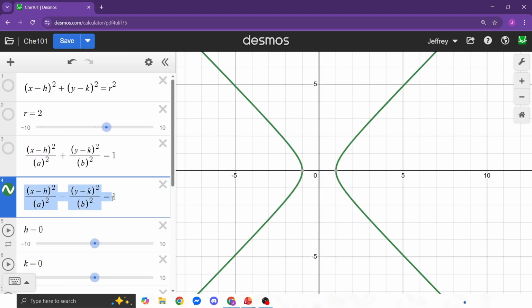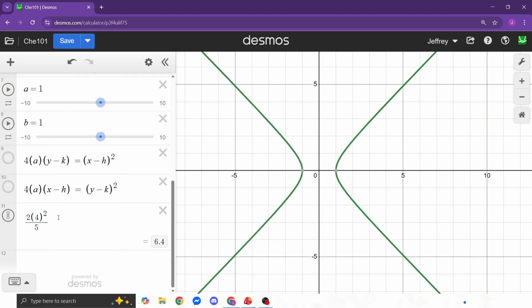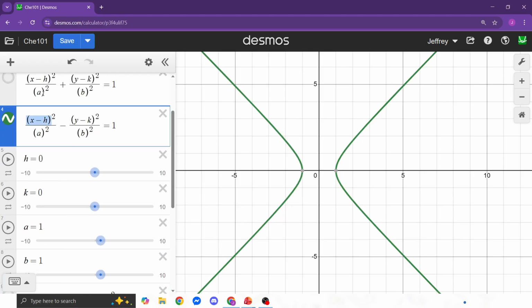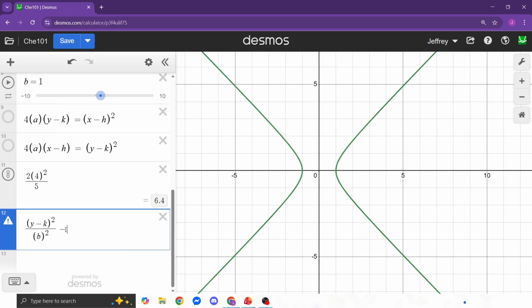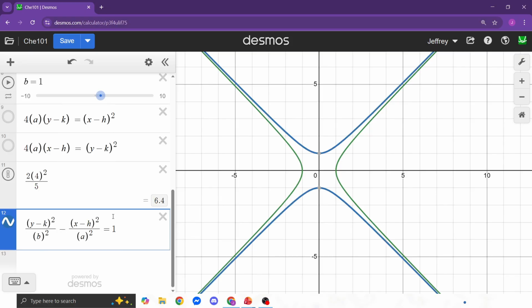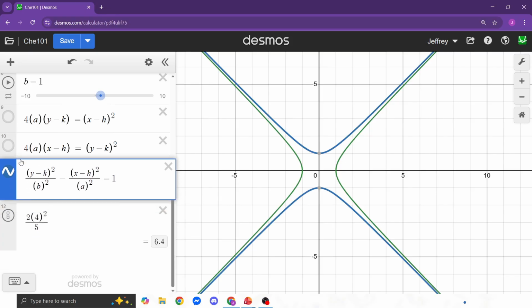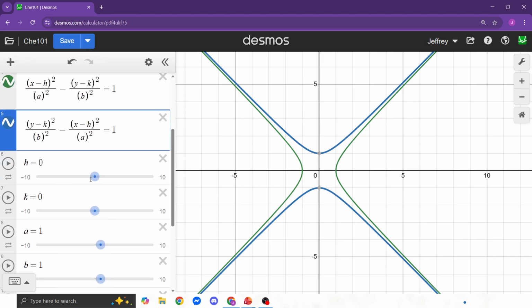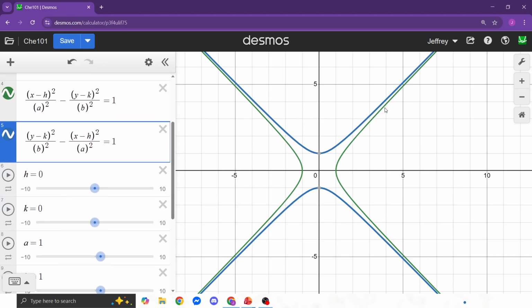So if we were to invert this, put this in front of the other, minus this is equal to 1, that would be the vertical version of it. As you can see, they're so near each other.